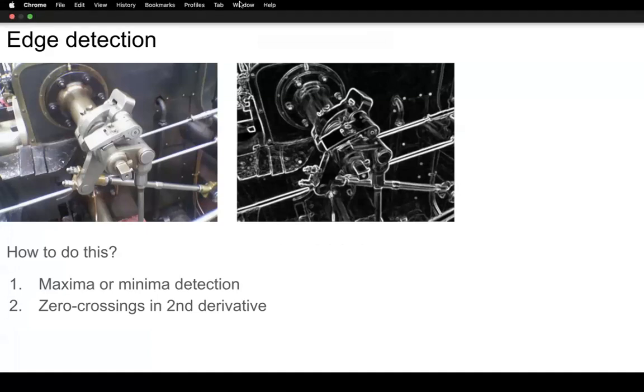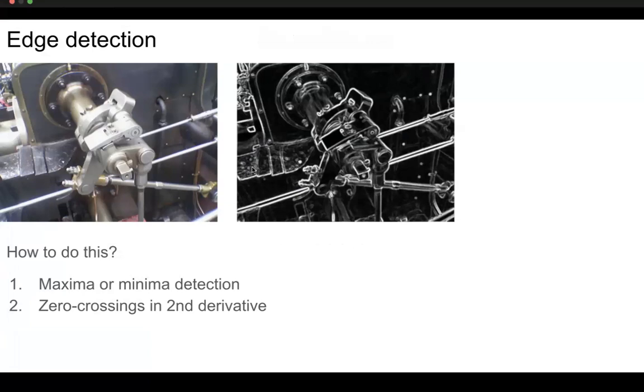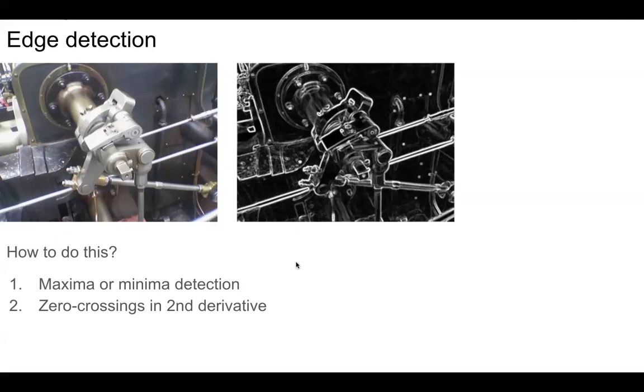Edge detection started with this discussion: given an image, how can we extract edges out of it? That's the only goal, and how they are generated, how they are detected. The fast way of detecting an edge is calculating the maxima and the minima of this image.